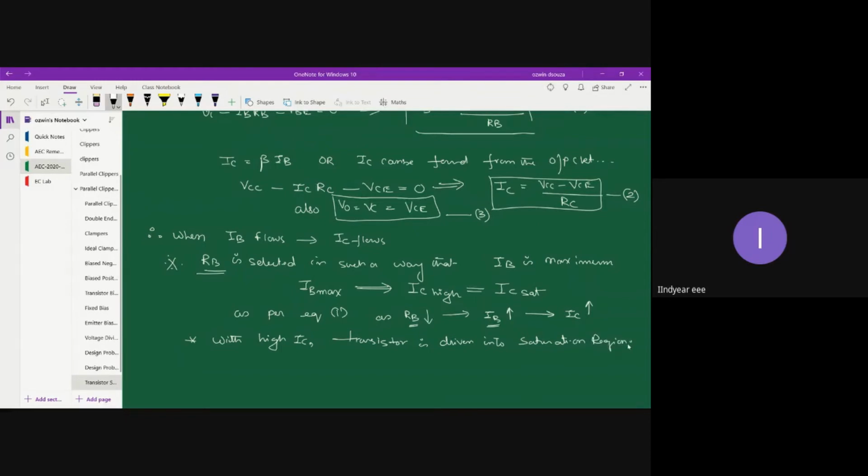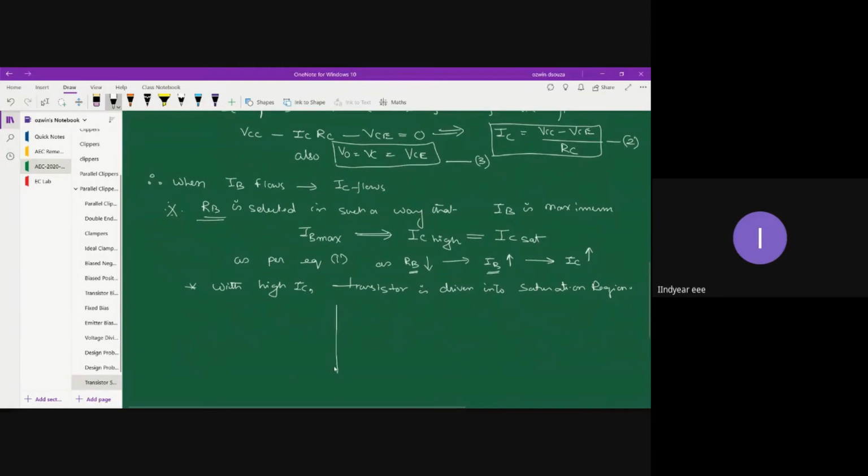Saturation region. Okay, now in saturation region, we have seen that. Quickly let me draw the transistor output characteristics. So in saturation region, let's say this is my final graph.